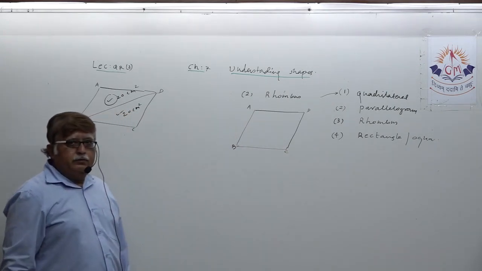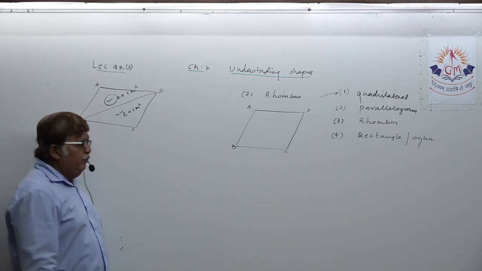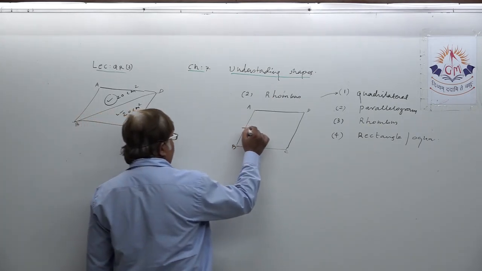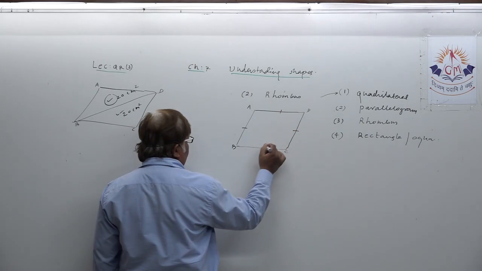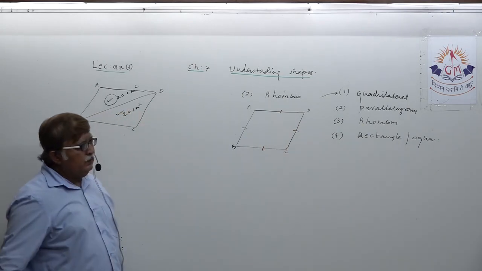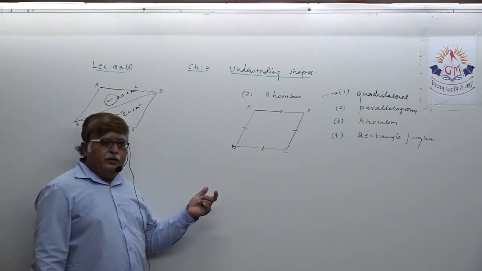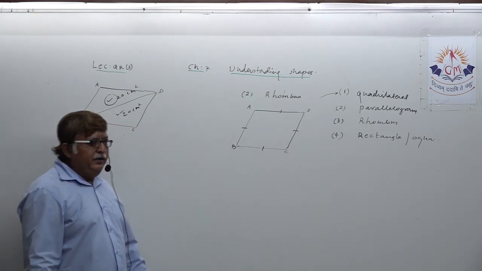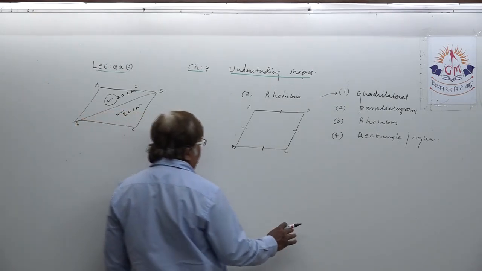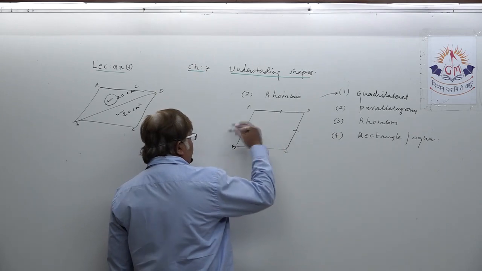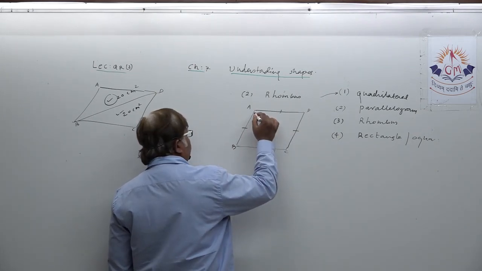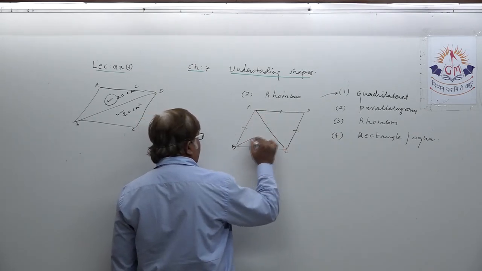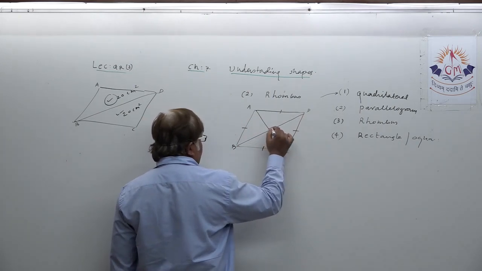Some of the properties of rhombus: all sides are equal. Opposite sides are parallel. That remains a criterion, understand, for every quadrilateral except trapezium. All sides equal. Diagonals bisect each other at right angle.